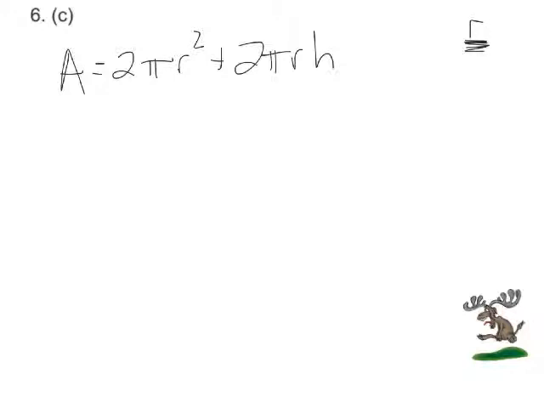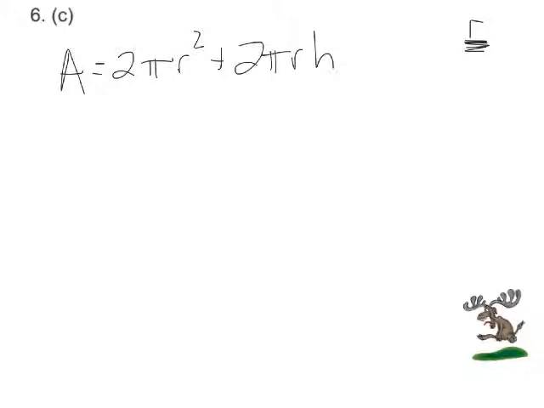All right, the next one, 6c, says A equals 2 pi r squared plus 2 pi rh, and we're solving for positive values of r. This problem might look a little bit difficult to start off with. It's kind of difficult to isolate the r.